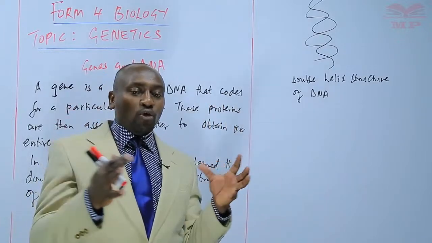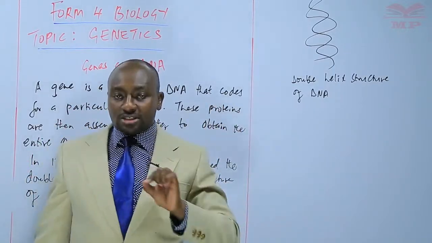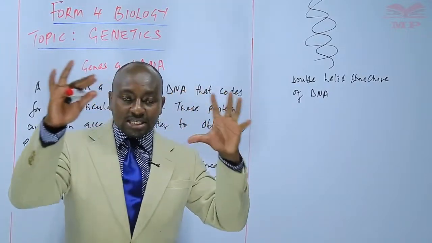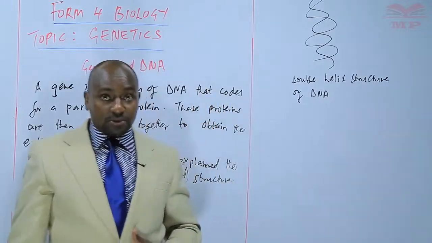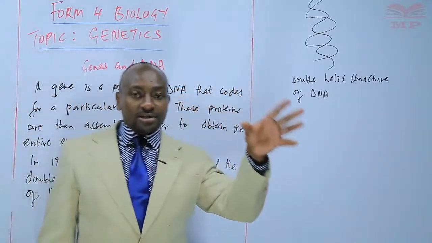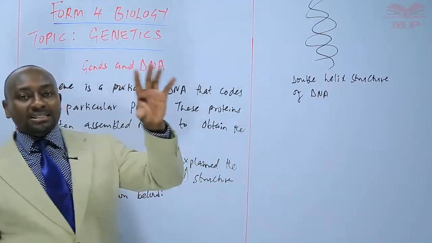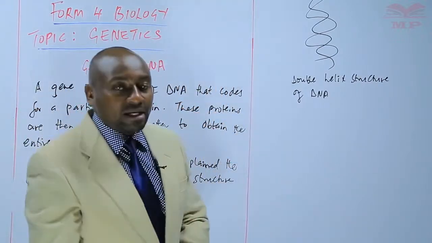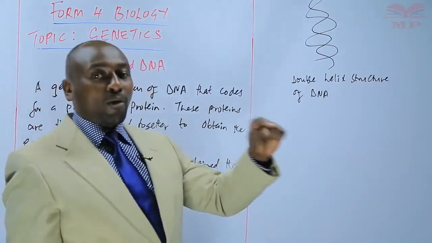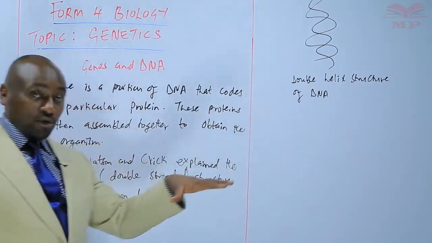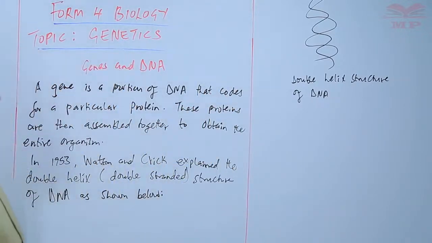So a combination of all those proteins are coded for by different genes. But when all those genes are collectively brought together, they bring about a person. So let's say that person is tall, there is the gene for tallness there. That person is dark, this is the gene for dark skin. So all those are combinations that come as a result of different genes coding for particular proteins in our bodies, so that we can have the entire organism.